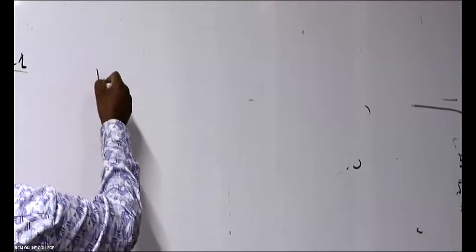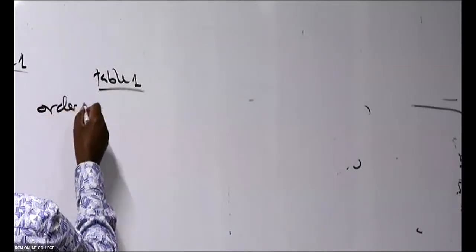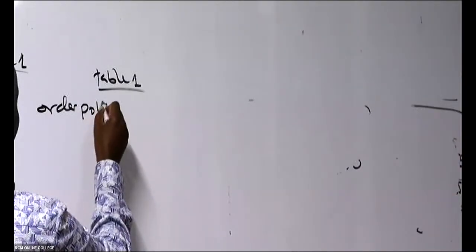There are many ways you can come up with this table, like table one. So this table one, here I've been given the order policy. They have given me the order policy.